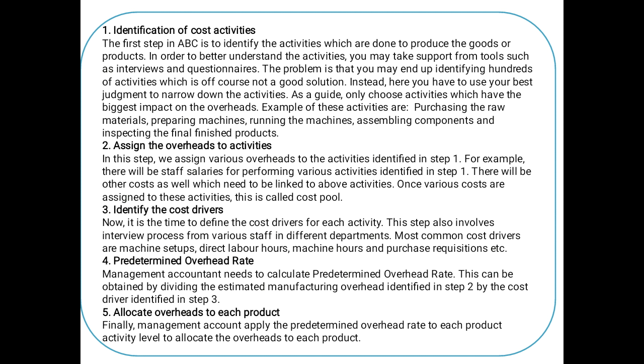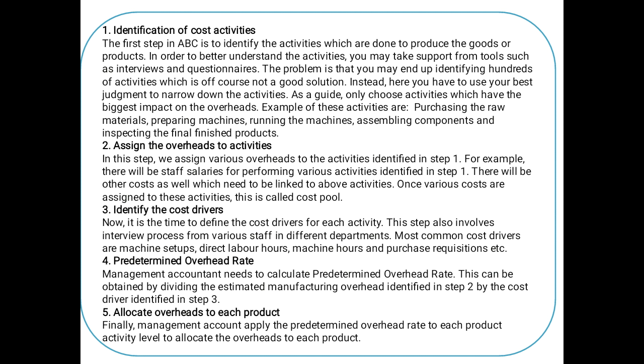Then, assign the overhead to activities. In this step, we assign the various overheads to the activities identified in step number one. We already discussed activities like purchasing raw materials, preparing machines, running the machines, assembling the components, and inspection of the final finished product.